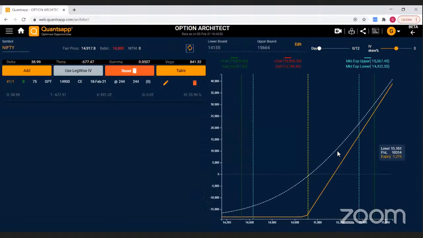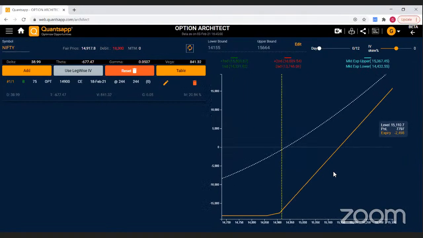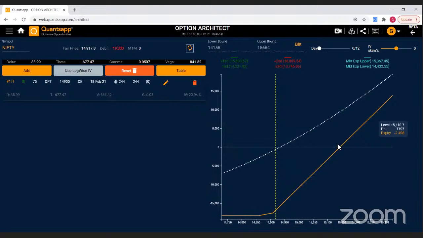Now I want to see, suppose the underlying, which right now is 15,170 somewhere, comes to the level of 15,150.